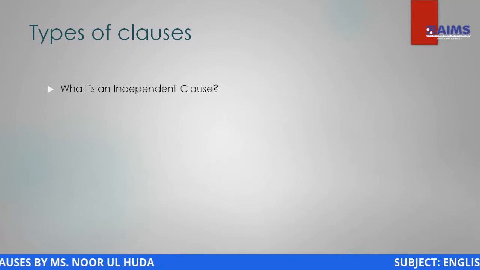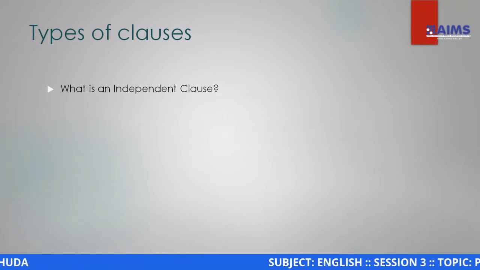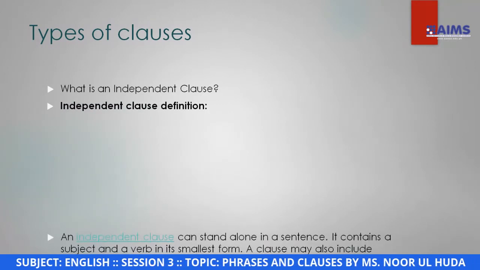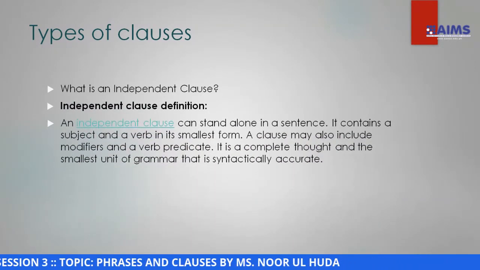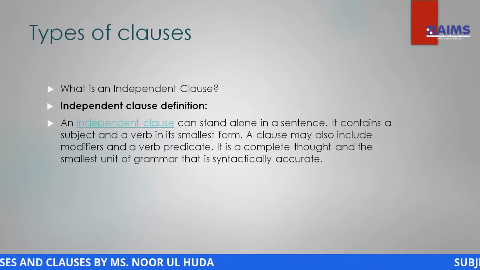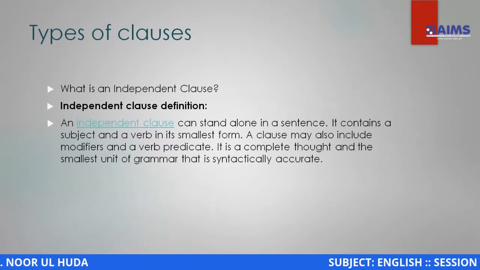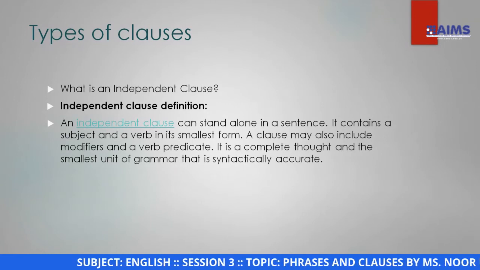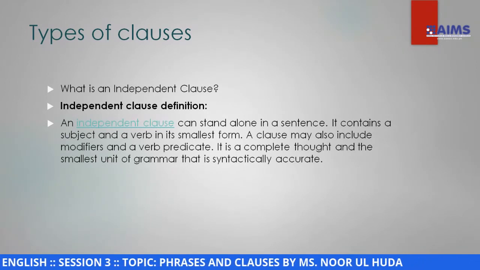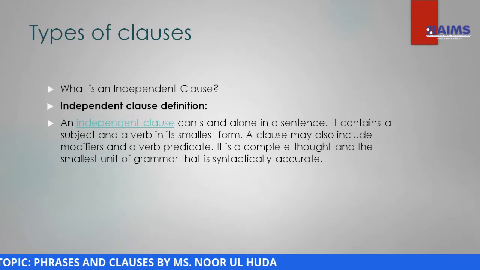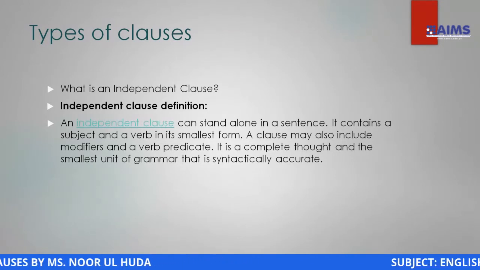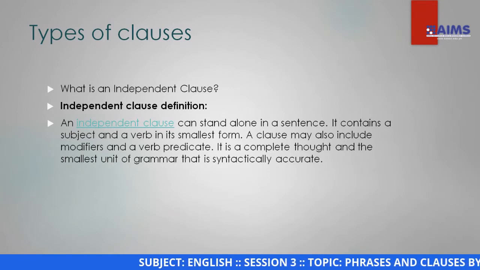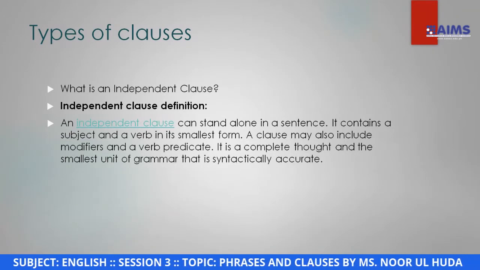That was written there in the back slide, IC, independent clause. What is actually an independent clause? An independent clause can stand alone as a sentence. It contains one subject and one verb in its smallest form. Not necessarily must it have multiple pieces of information, but it could have.